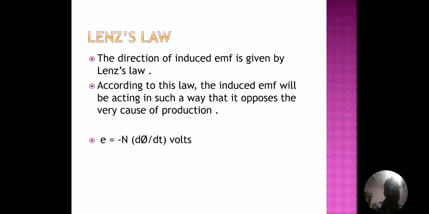Mathematically we can write the equation as E is equal to minus N into d phi by dt, where E denotes the induced EMF, N denotes the number of conductors, phi denotes the flux, and t is the time taken. And here the minus sign indicates the opposite direction.